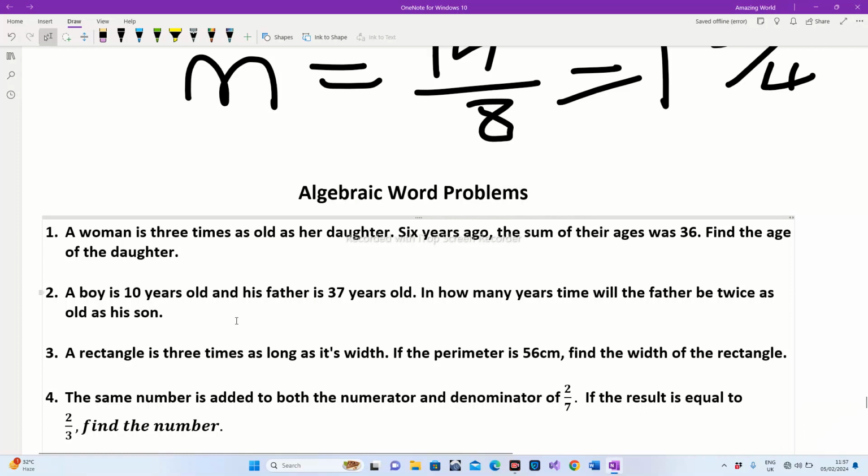So they want us to find the number of years in which the father's age will be double the son's age. And remember, we don't know that number of years, so we will call it x. I hope that is well explained.